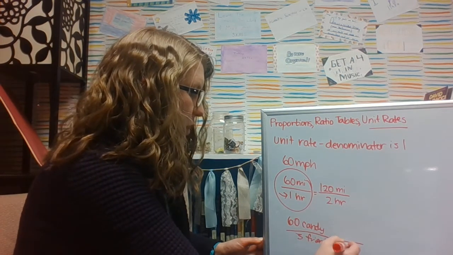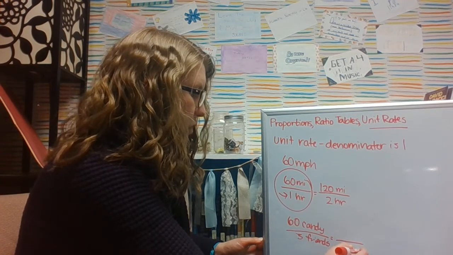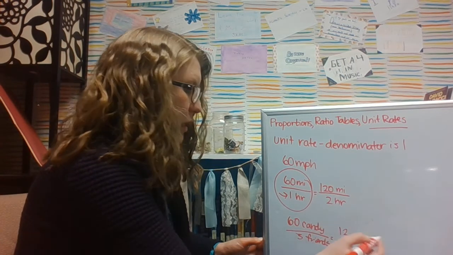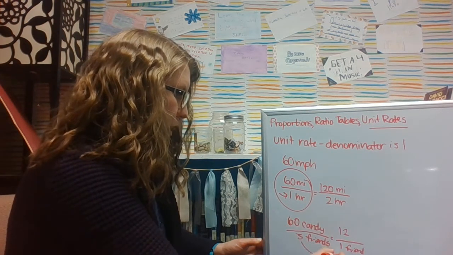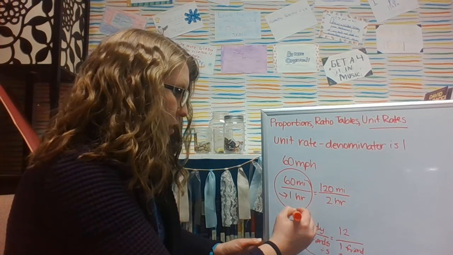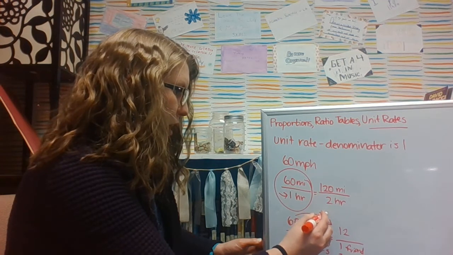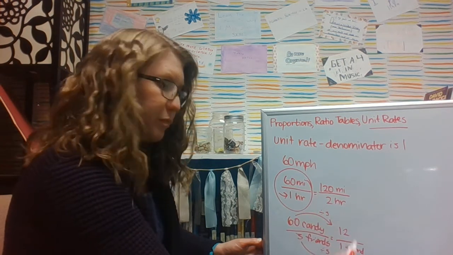So what is that going to be for just one friend? 12 pieces of candy. Because I'm thinking 5 divided by 5 gets 1, so 60 divided by 5 equals 12.